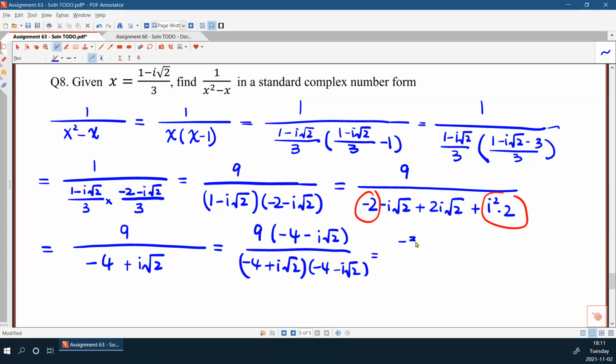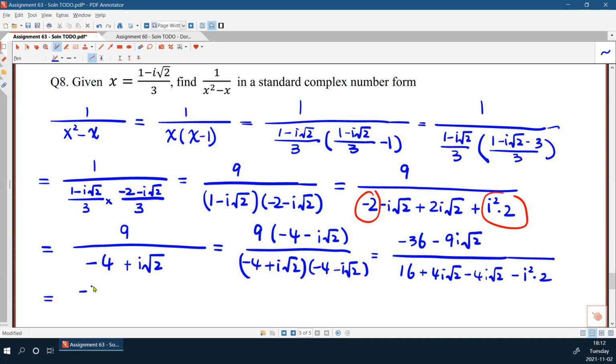And this will give us minus 36 minus 9i square root of 2, and denominator is 16 plus 4i square root of 2 minus 4i square root of 2, then minus I squared times 2, which is minus 36 minus 9i square root of 2 over 16 plus 2, which is minus 36 minus 9i square root of 2 over 18, right?